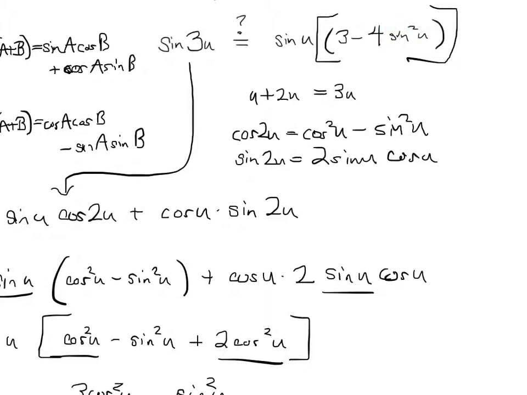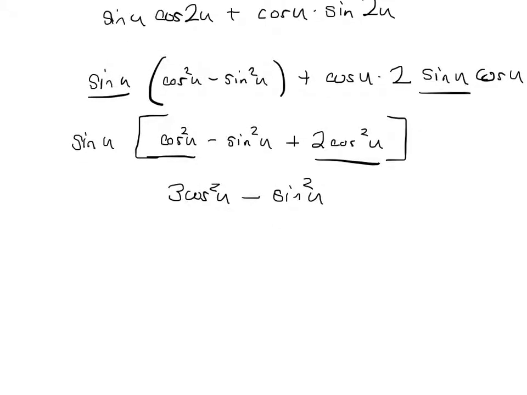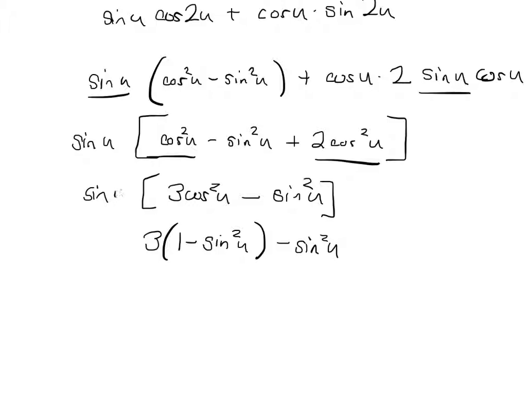And it's easy to trade cosine squared for sine squared, as it's 1 minus sine squared, so you substitute. What I meant by multiply is it's 3 times. So all this is what's happening inside the brackets. So it will be 3 minus 4 sine squared u. And that's pretty much it.